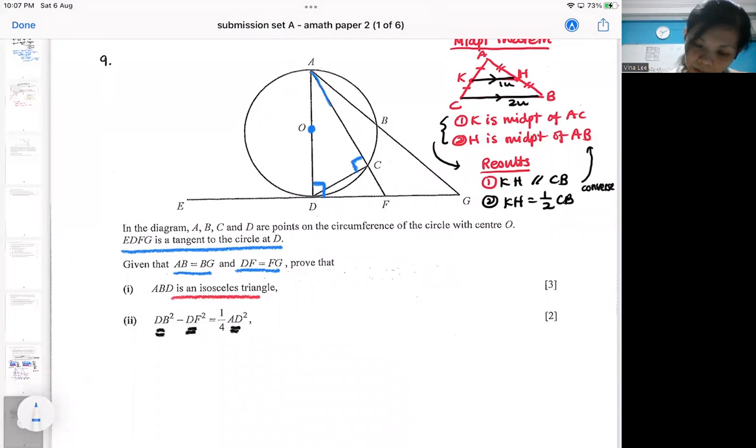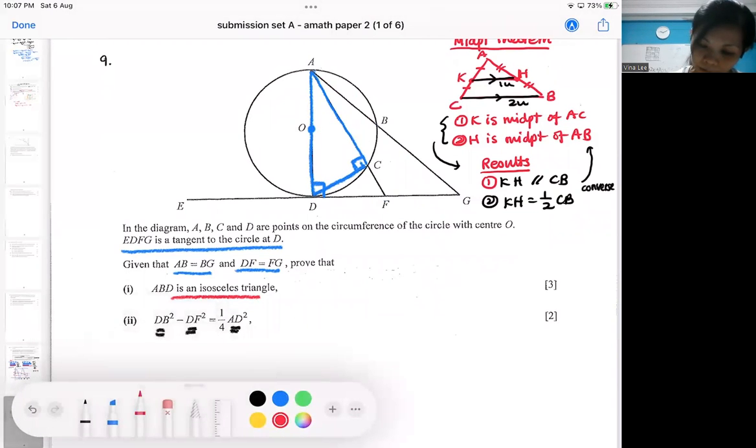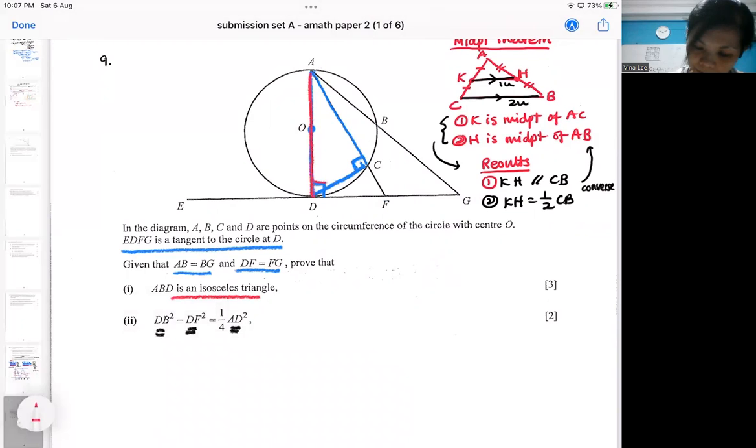That means I can do a Pythagoras in this triangle and get an AD square. I can also do a Pythagoras in this triangle, and I also get an AD square.